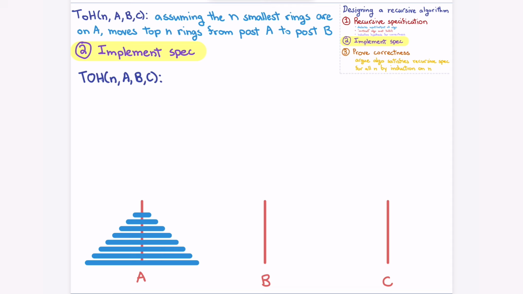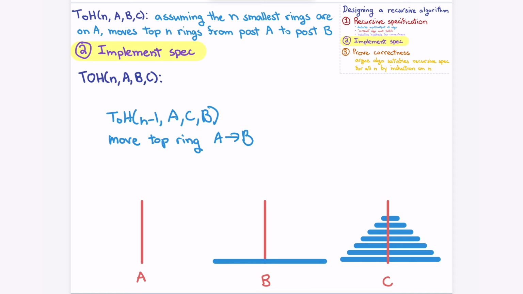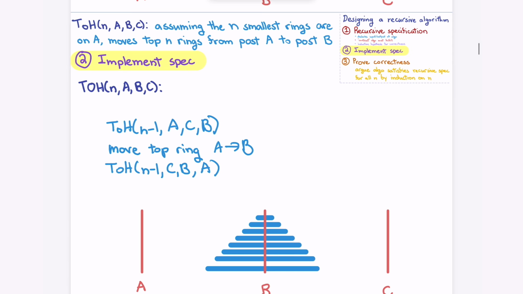So who wants to implement our recursive algorithm? n minus 1, A, C, and B. Move the ring from A to B. Yeah, so here it becomes clear why it's nice that we had A, B, and C in our parameters, because then we can change our targets and things like this. Okay, so there's an algorithm.